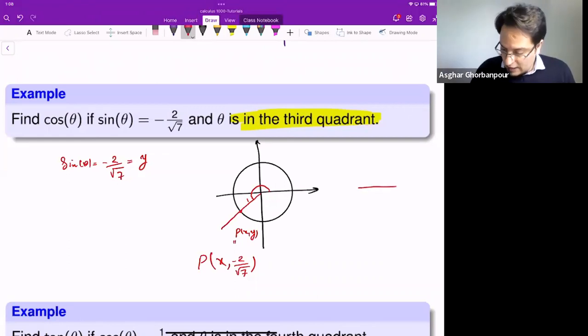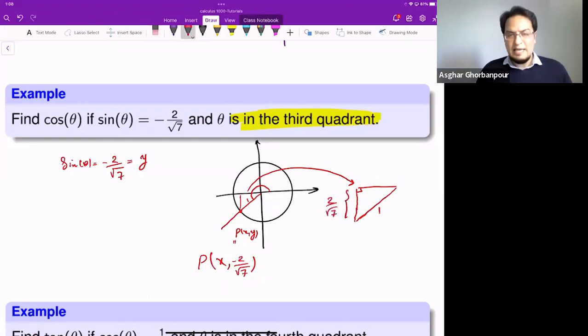I have this right triangle here. I'm just fitting it there. The hypotenuse is 1. The y coordinate is given as 2 over √7. Here I'm just writing the length.